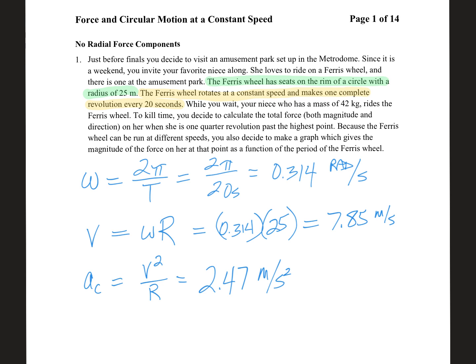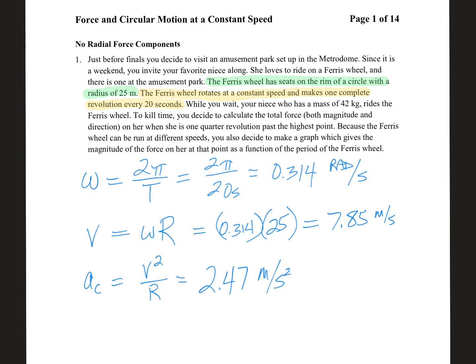So right off the bat, 3 new pieces of information are generated from 2 sentences and 2 pieces of information. And that's just saying, all right, it's roundy stuff. What goes with roundy stuff? Omega, centripetal acceleration. Can I compute them? Oh, yes, I can. Yay. So now I have new information.